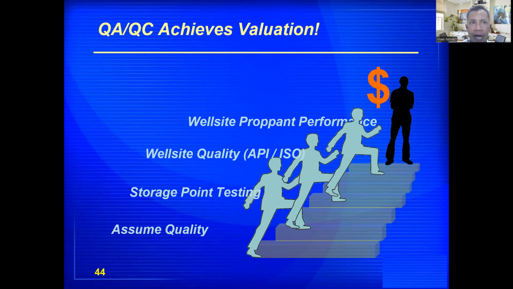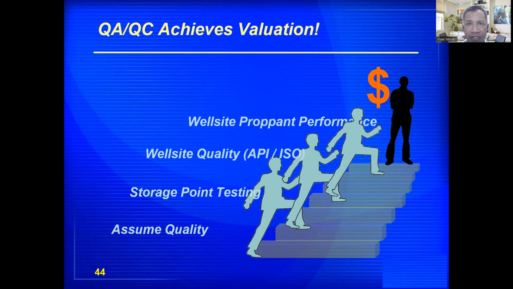Last, well site proppant performance. This is where you are going to get your maximum value. Start quality controlling that proppant from the day it's made. Follow it, look at it, talk to the supplier, see how it's worked. Because if it gets to the wellbore and it's not right, unless you abort the job, it's too late.